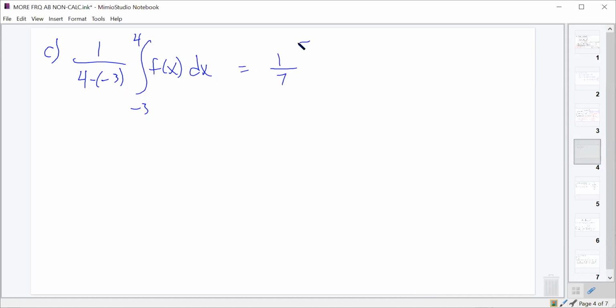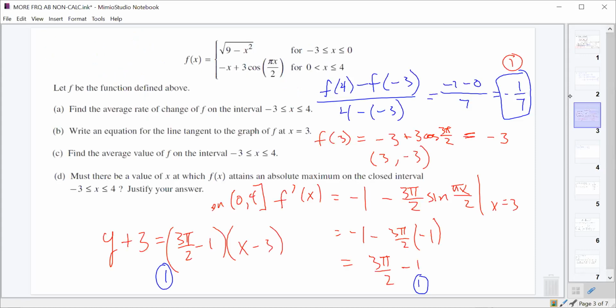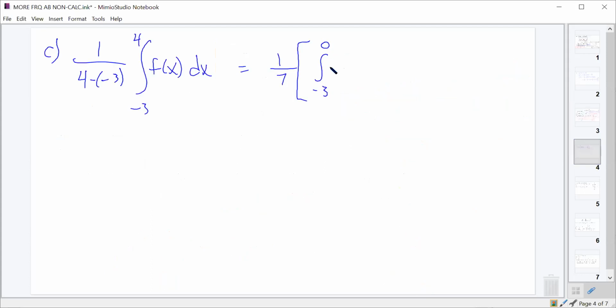So 1/7, and then we're going to have an integral from -3 to 0, where the split was. Was it split at 0? Let's look. Yeah, the split was at 0. So -3 to 0 of the square root of 9 minus x squared. I think that's what the function was.